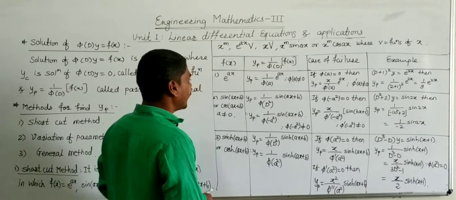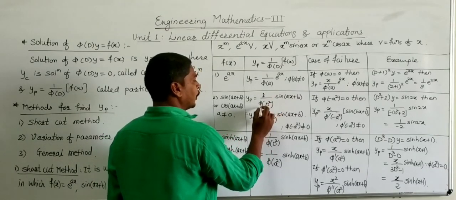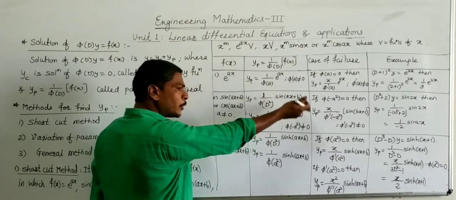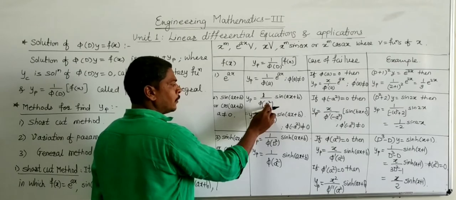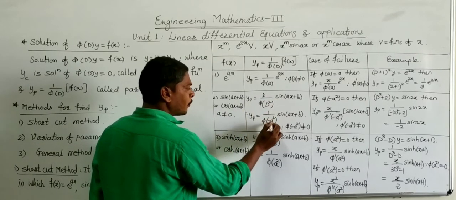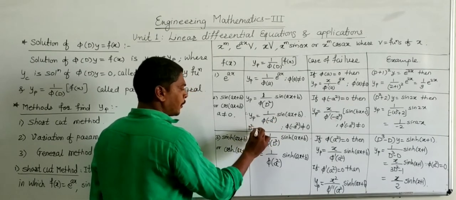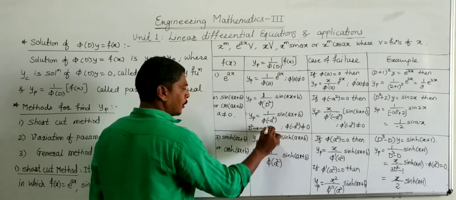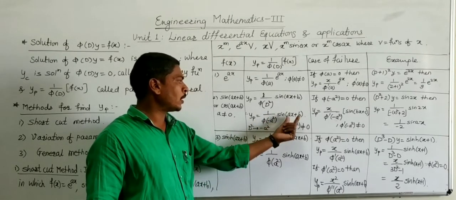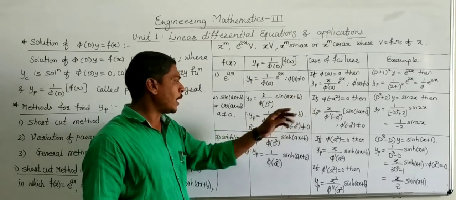In that case, we first write our polynomial of D in terms of D square. First write the polynomial of D in terms of D square and then replace D square by minus a square. Then yp becomes 1 upon phi of minus a square into this function, either sine or cos, as it is.